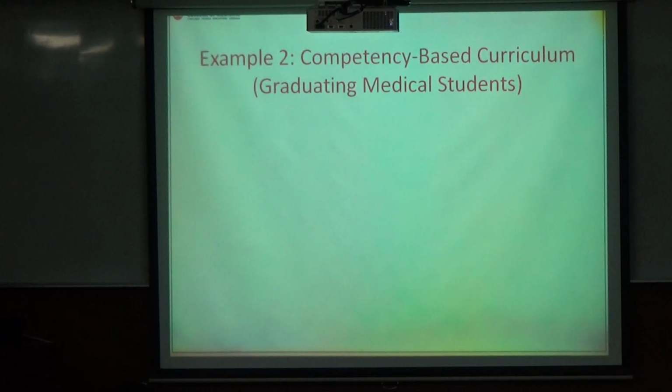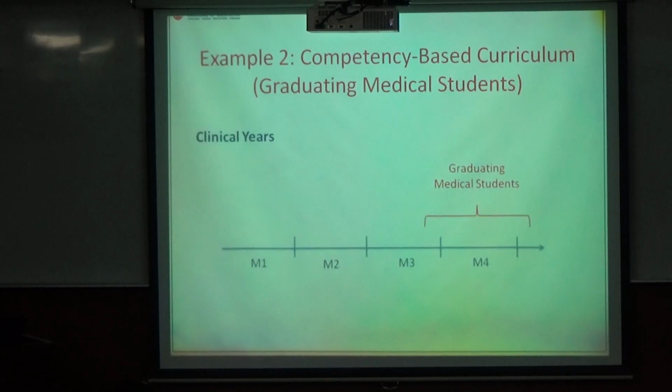And then the second example is about graduating medical students, at the 4th year of medical school. This is a very important time for medical students, because once they graduate, they start residency.